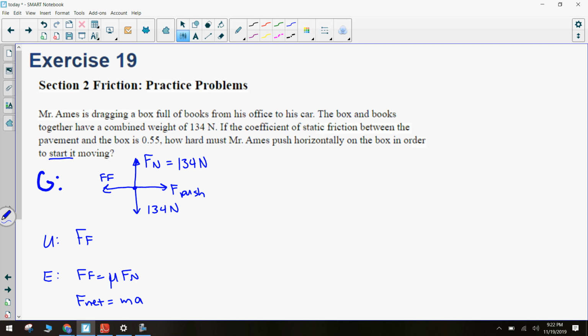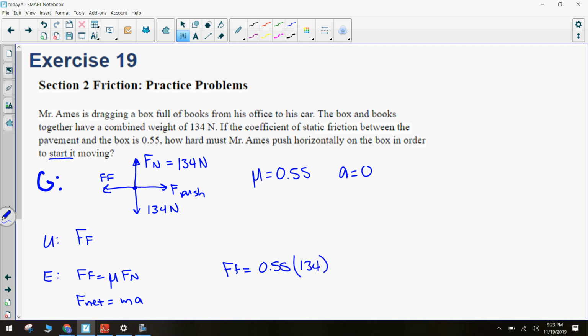Alright, so I forgot to write down a couple of givens. They gave us the mu. The mu is equal to 0.55. And then, of course, it says that the box is not yet moving, so the acceleration must be 0. A equals 0. Alright, so let's go ahead and solve. We have force of friction equals mu, 0.55, times Fn, 134.